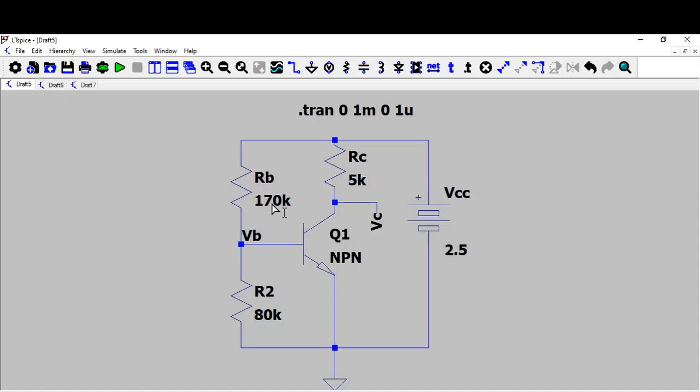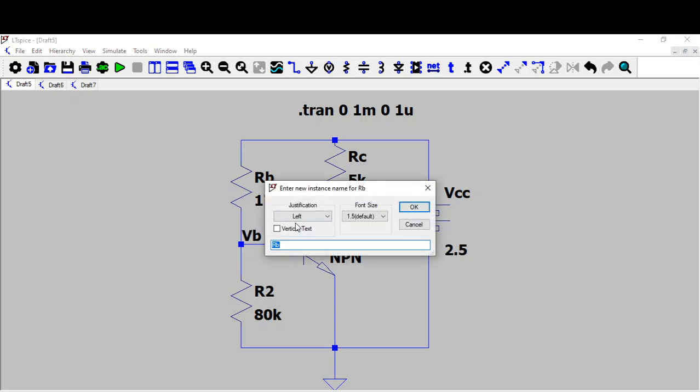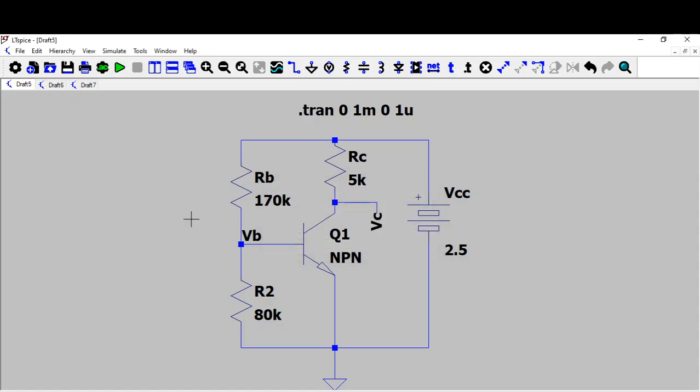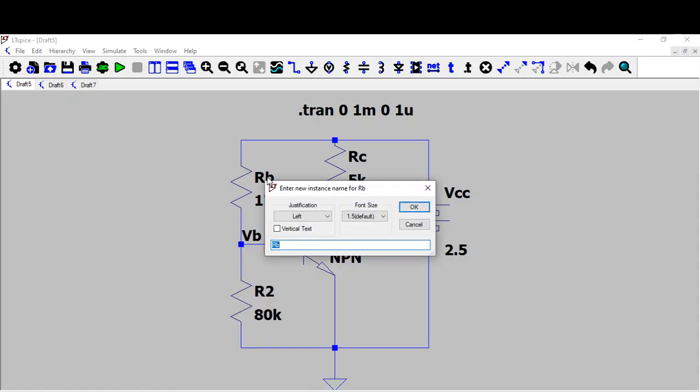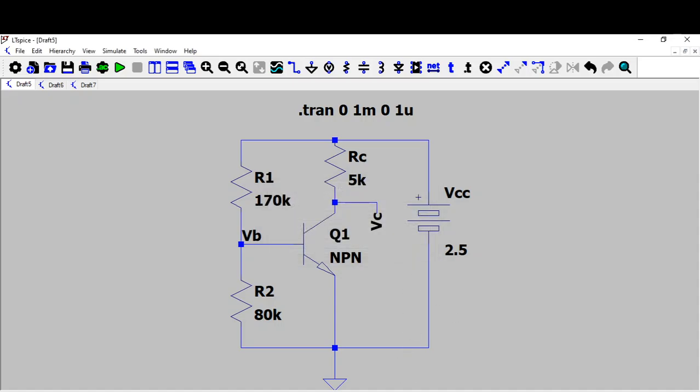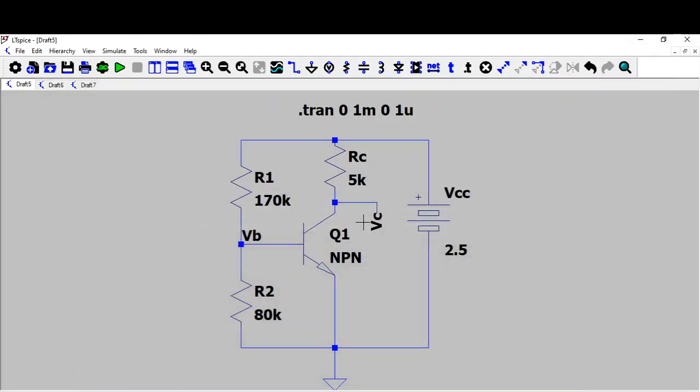Okay, this is my circuit, 170k. Let me name it as R1. Now this is 80k.